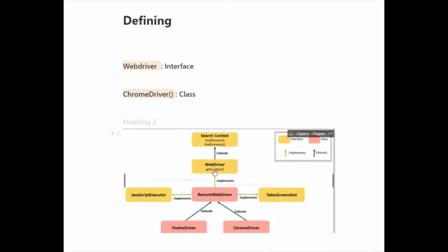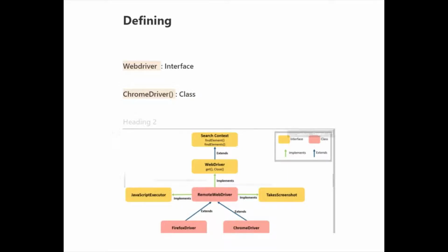In the hierarchy, the ChromeDriver class extends RemoteWebDriver, then the RemoteWebDriver class implements the WebDriver interface, and this WebDriver interface extends another interface, SearchContext. So the hierarchy is ChromeDriver, then RemoteWebDriver, then WebDriver, and SearchContext. These two are interfaces, and RemoteWebDriver and ChromeDriver are both classes.